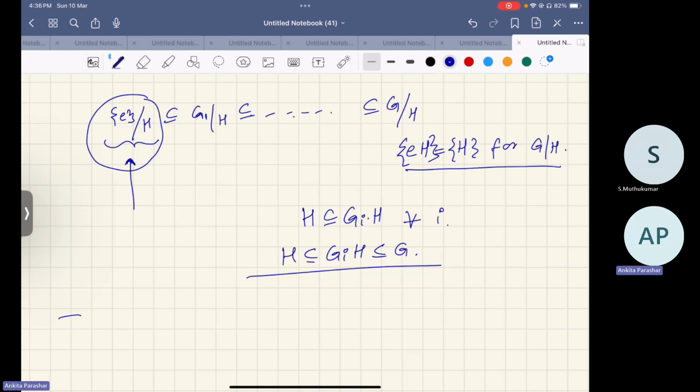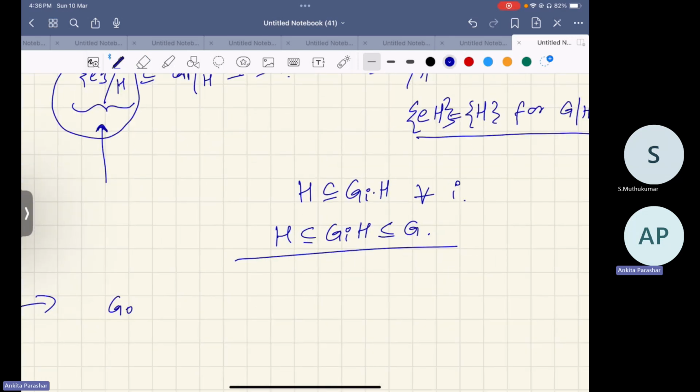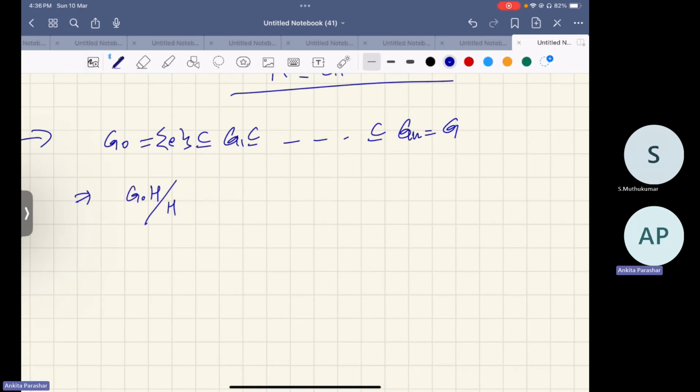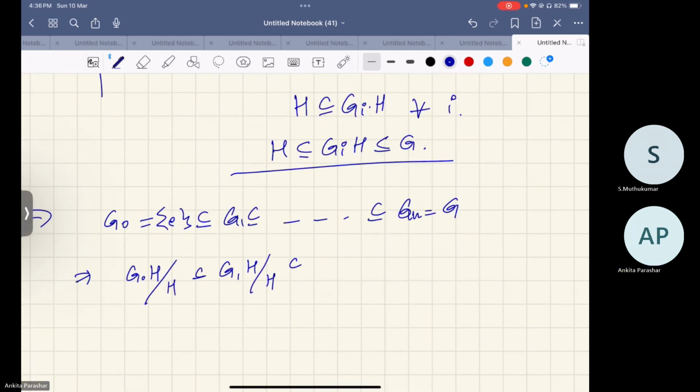So if I take, let me do it now. Our chain was nothing but G0, G1, ..., Gn equal to G. I'm writing now G0H/H containing G1H/H containing G2H/H, and so on, GnH/H.